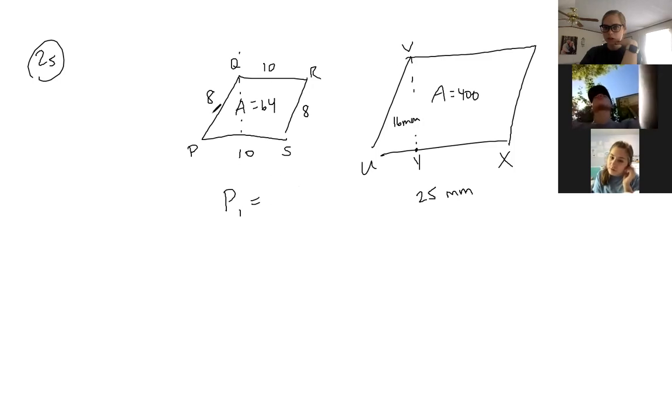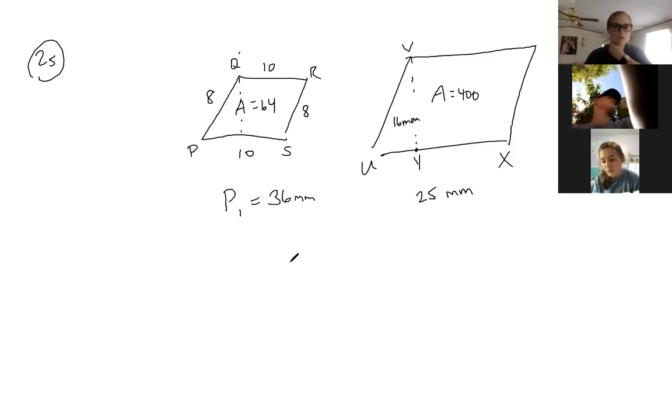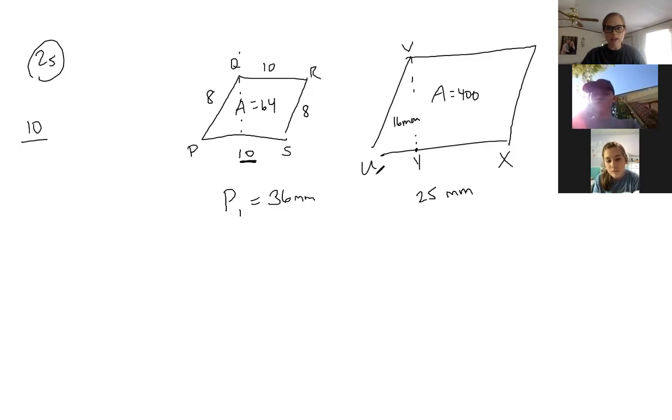The perimeter is the distance. Oh, sorry. 10 plus 8 is 18, and doubled that is 36. So 36 millimeters is the perimeter of this one. Remember, we have a relationship between the perimeters of the parallelograms. So the ratio of corresponding sides. So do I know corresponding sides? Sure. I know that side PS, which is 10, and side UX, which is 25, those are corresponding sides, correct?